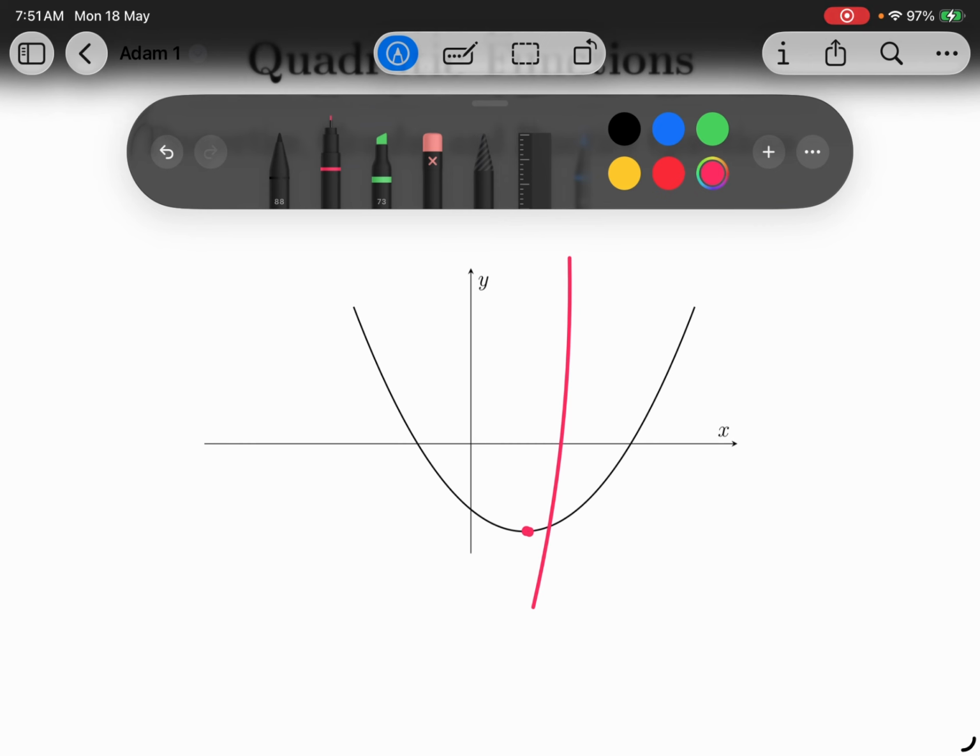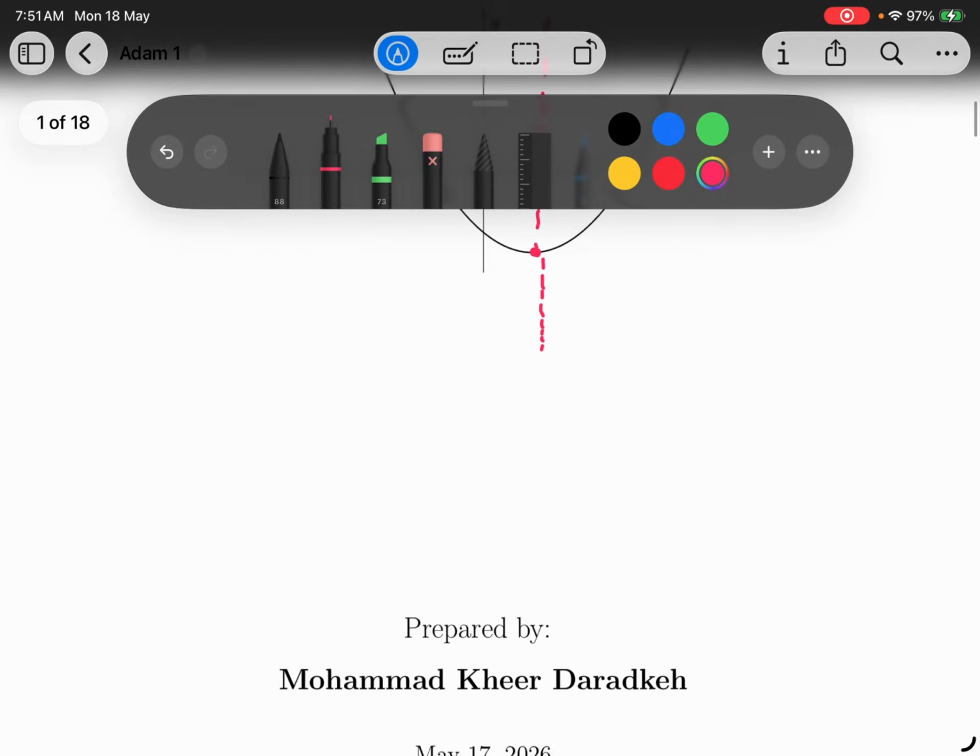Sorry, my line is a bit slanted, but it's a vertical line, of course. So this is what we call the axis of symmetry.